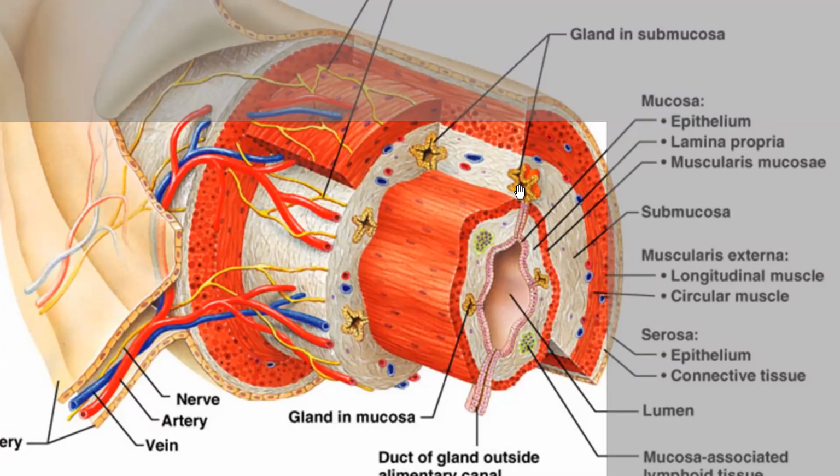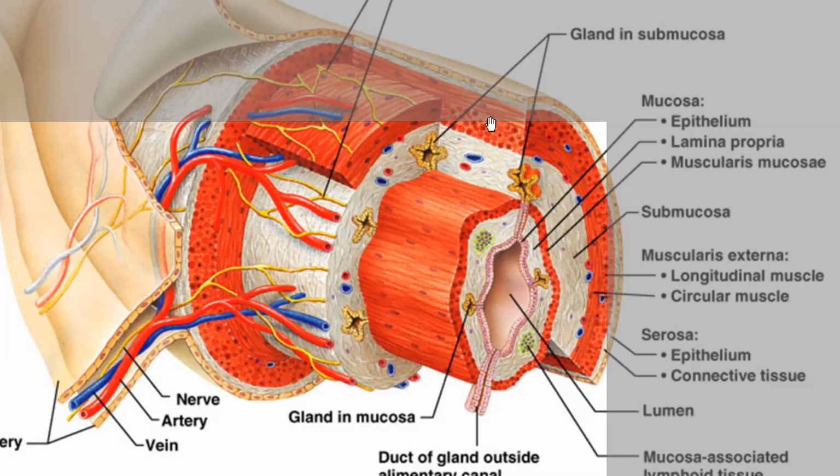So these glands are not in the mucosa, but in the submucosa right here. These are called glands in submucosa. In terms of secretion, it is mucus again. So there are three different sources for mucus. One from goblet cells, two from glands in the mucosa, three from the glands in the submucosa.